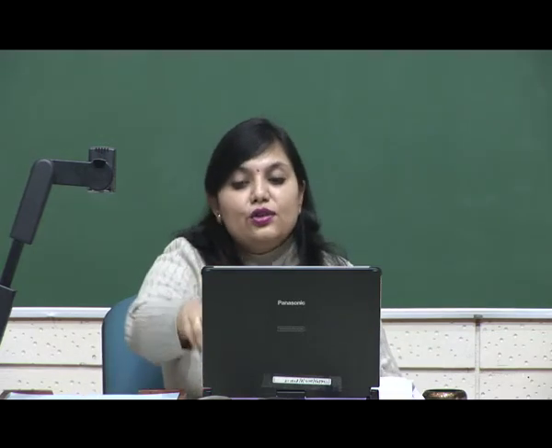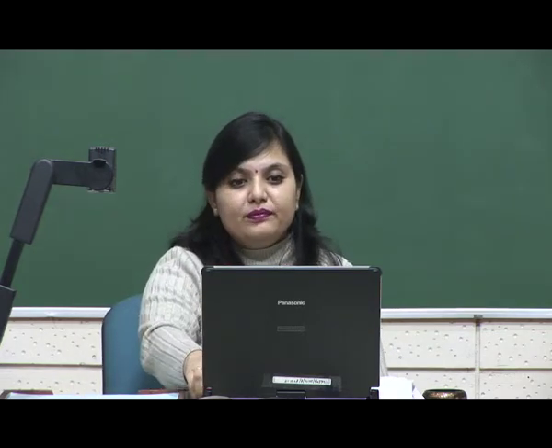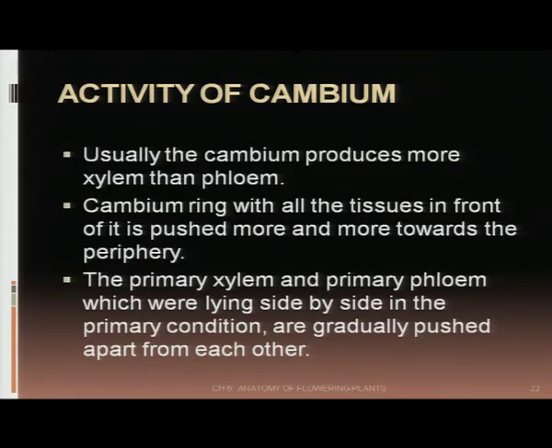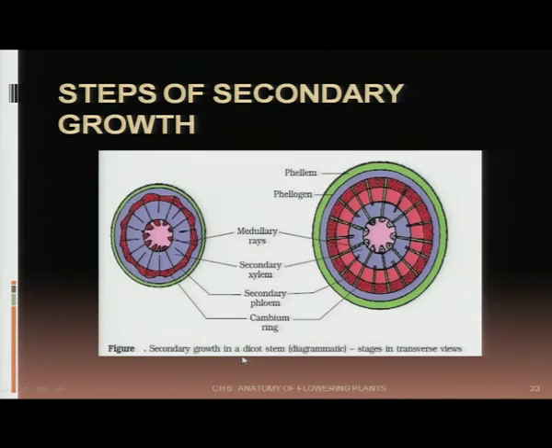So, it is forced to move towards the cortex. On the other hand, the amount of phloem that is being produced is not that much. The primary xylem and primary phloem, which were lying side by side in the primary condition, are gradually pushed apart from each other.